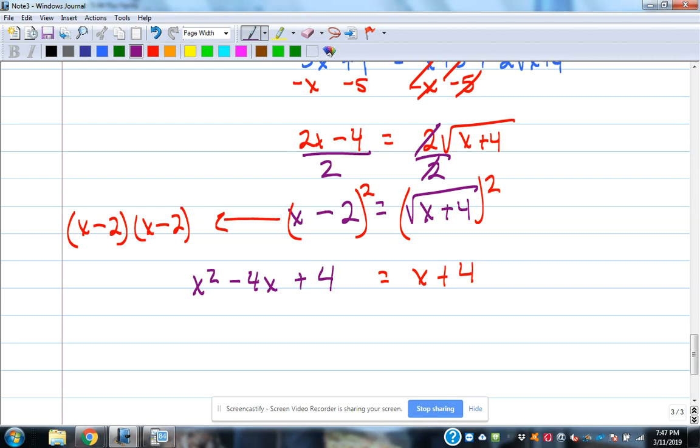Takes a lot of algebra here to finally get to a problem that we can work. This is the problem we can work because we can get it equal to what? Why do we need to get it equal to 0? Why do we know we need to get it equal to 0 to solve it?